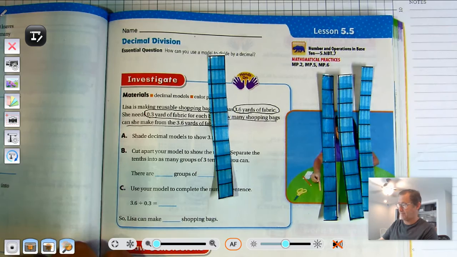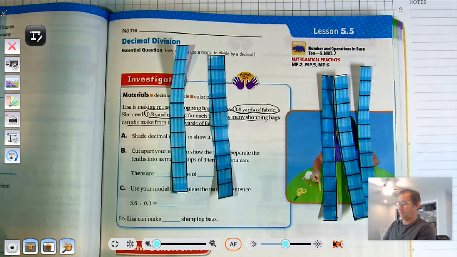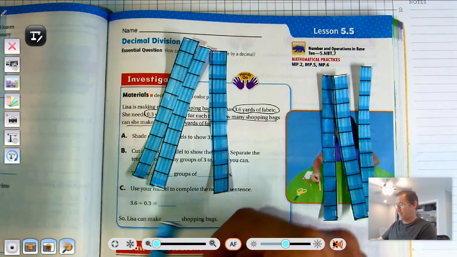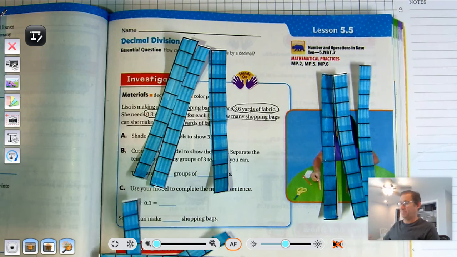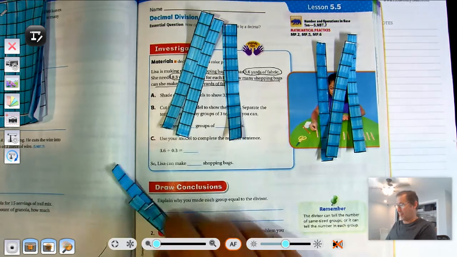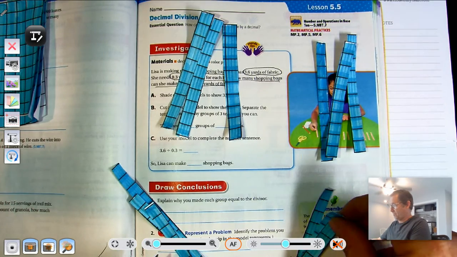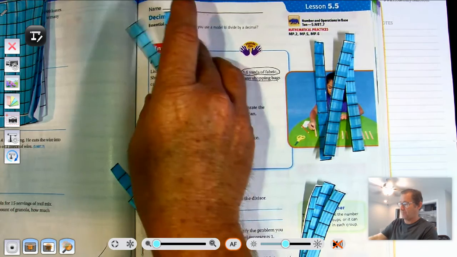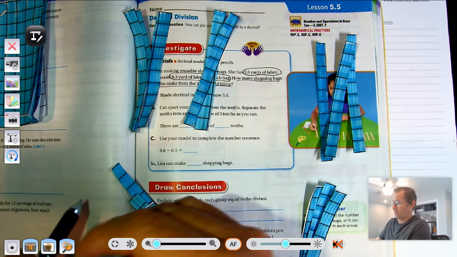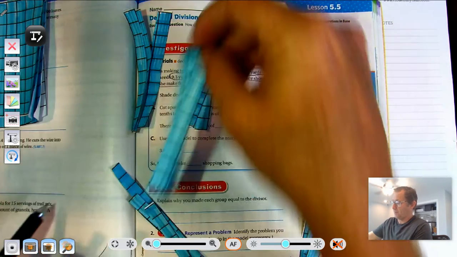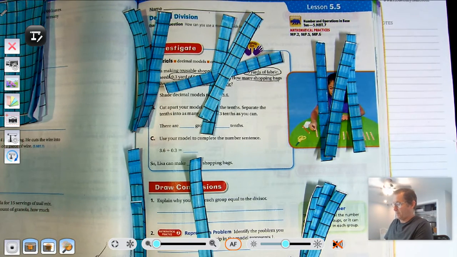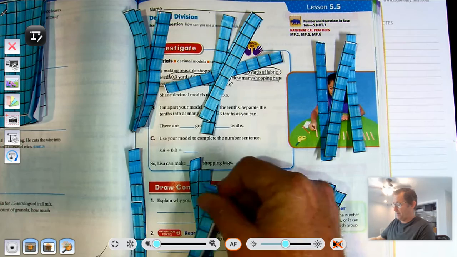Three, six. Okay, so two groups, three groups of three, four, six groups of three, and you just keep going till we get to having no more tenths left.